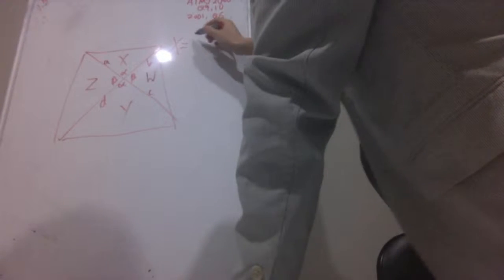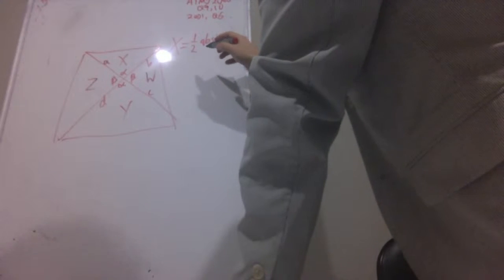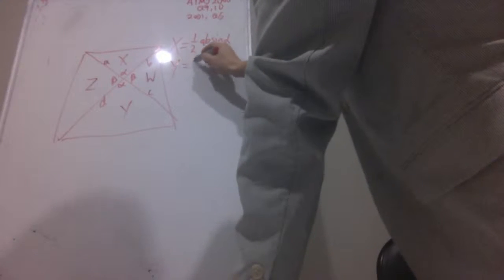Then x is half ab sine alpha, and y is half cd sine alpha.